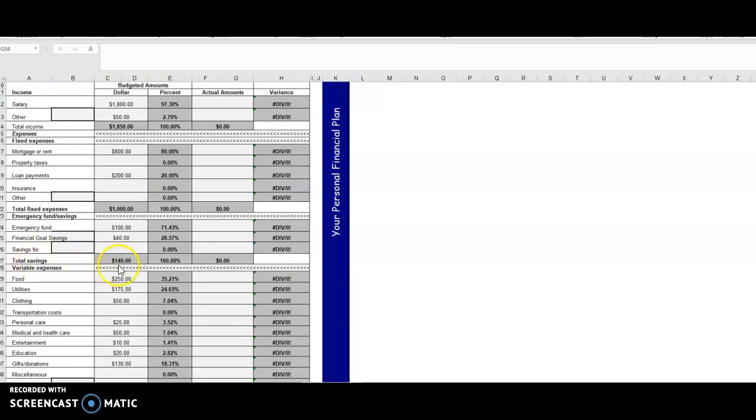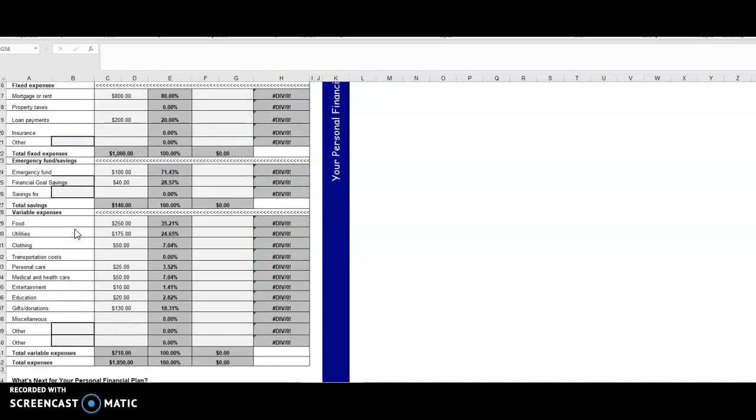So we can budget total savings $140, $100 to the emergency fund, and $40 for our financial goal savings. So we put $40 in our savings account. Emergency fund is that fund that you are building in case you have an unknown emergency. You have some money set aside in order to take care of that. So that's what an emergency fund is.